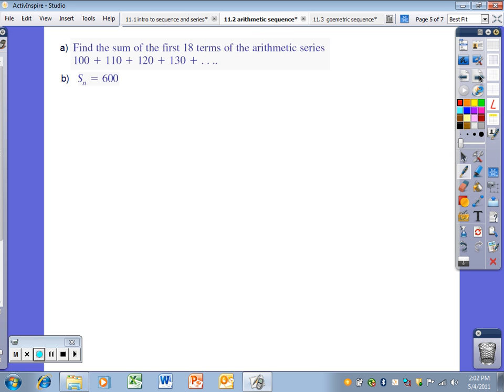Okay. One more of those. Okay, from term to term to term, add 10, add 10, add 10. So that's going to be 10n. 10 plus what gets you to 100? Plus 90.